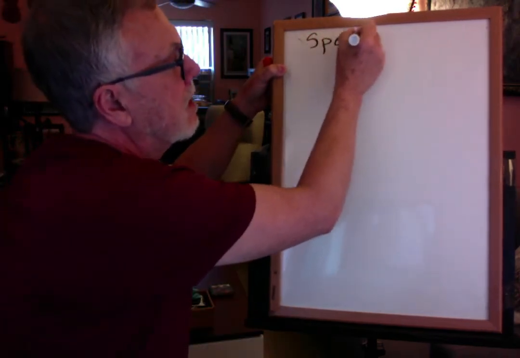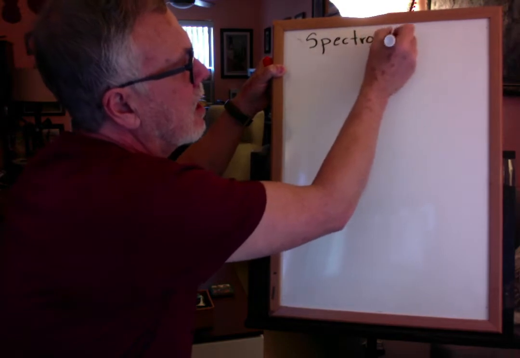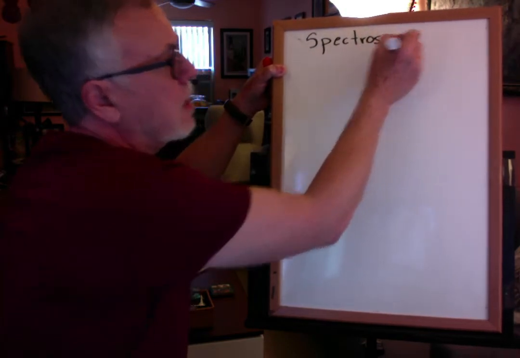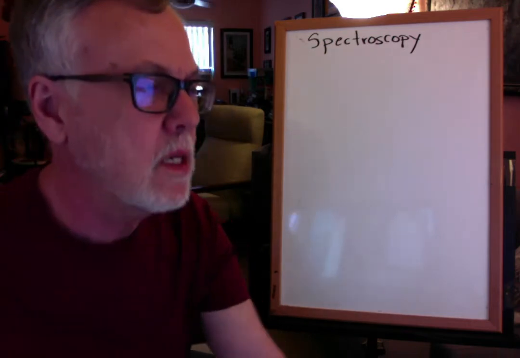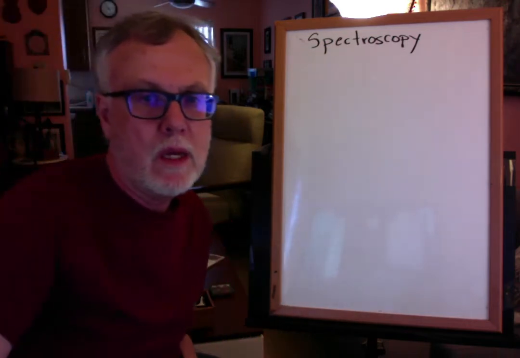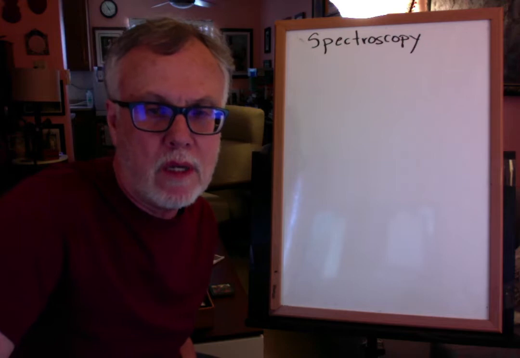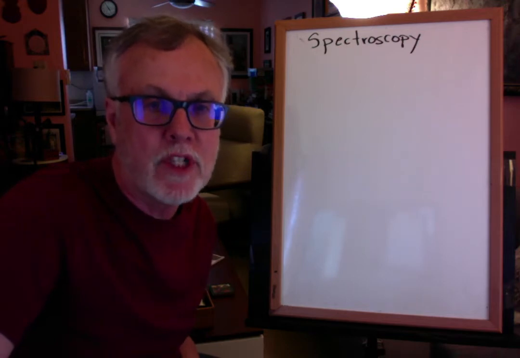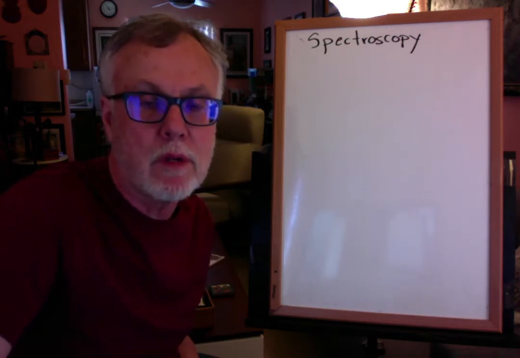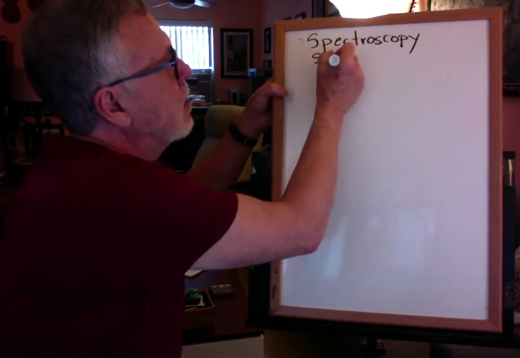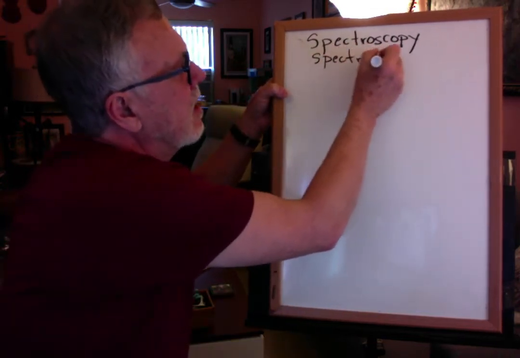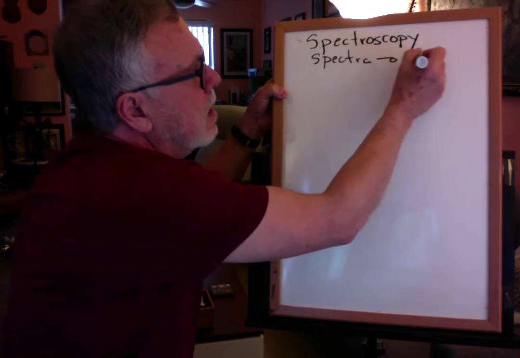Spectroscopy. Amazing I can spell, right? And so with this idea is how we can find different types of spectra, that's plural for spectrum, spectra, plural for spectrum of colors.